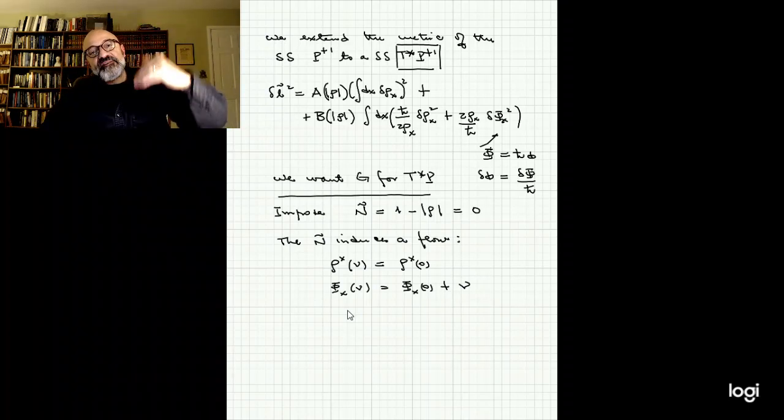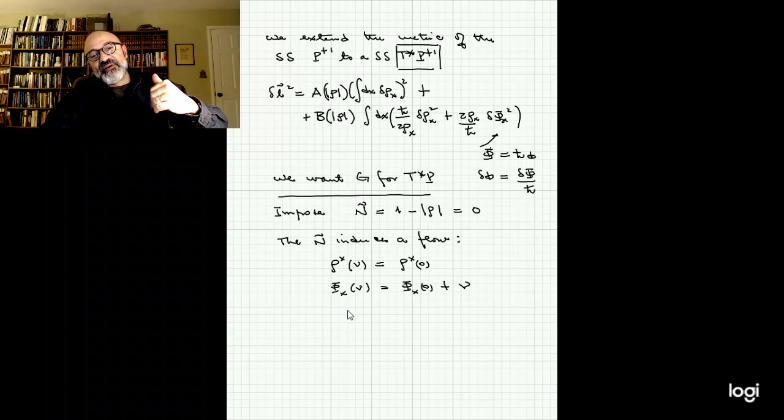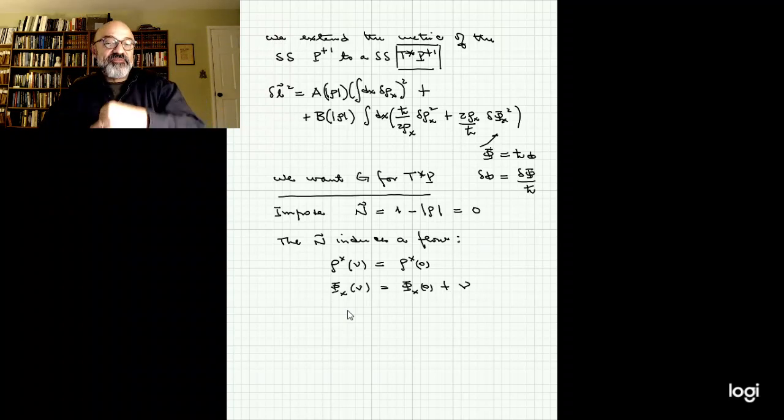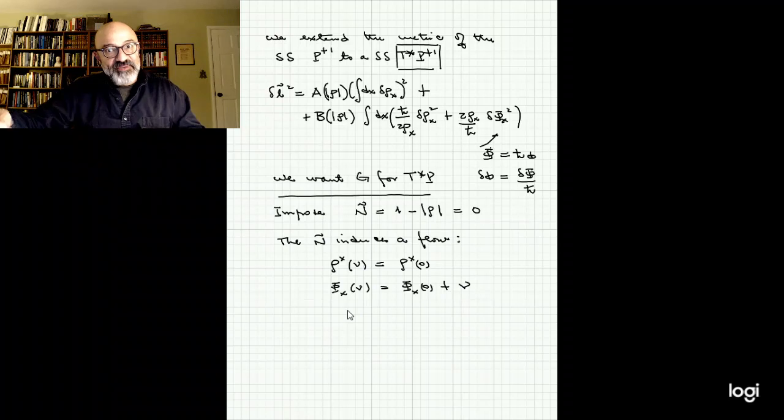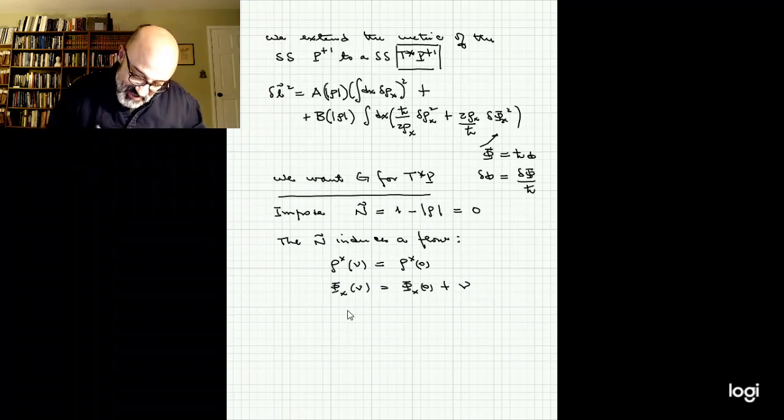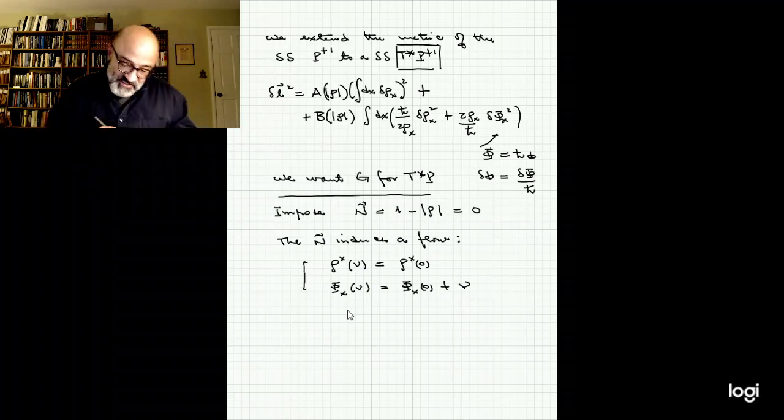So we eliminate one probability degree of freedom by imposing normalization. We eliminate one momentum degree of freedom by declaring that all those momenta on the same ray, on the same gauge orbit, are equivalent. So that's what the normalization does.